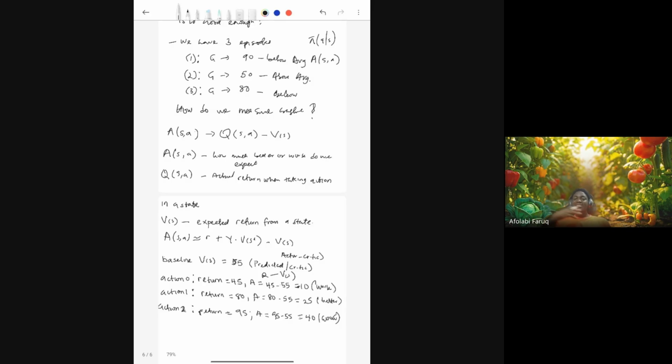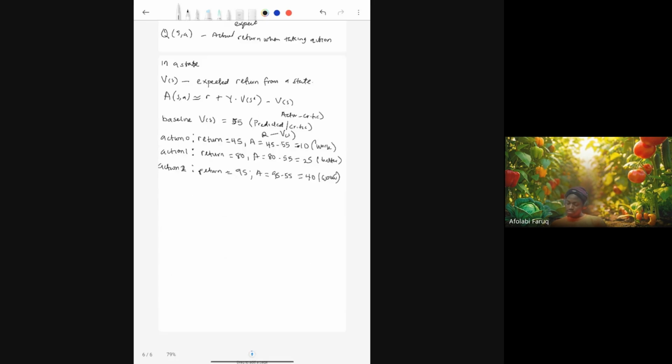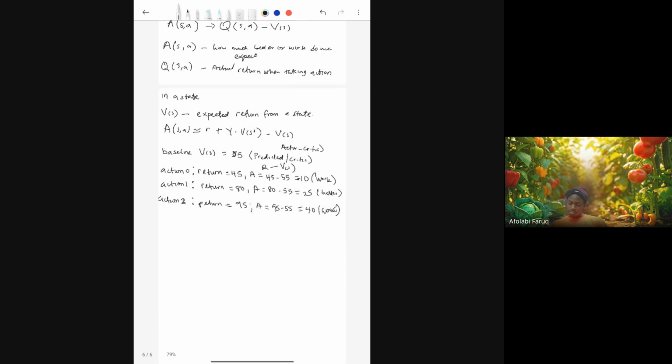The higher the advantage, the better, so we can be sure that with this particular action, we can get a better expected return. So that is that. Now, lastly, what we are going to be looking at is policy gradient.